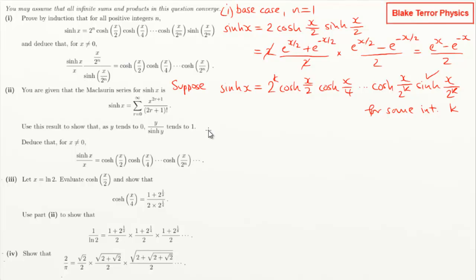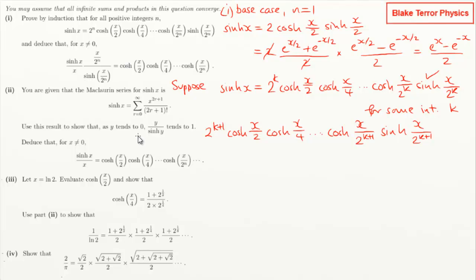Now we need k plus 1: 2^(k+1), and we're going to get the same thing with a bit of a twist at the end, a cosh(x/2^(k+1)) and then a sinh with 2^(k+1).